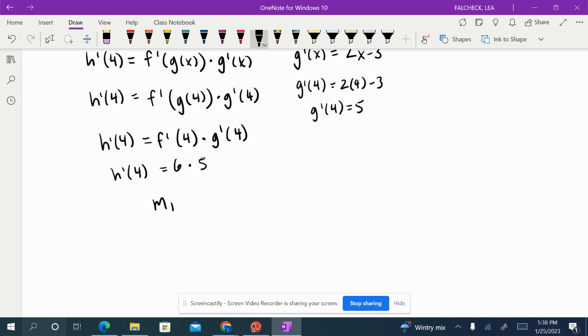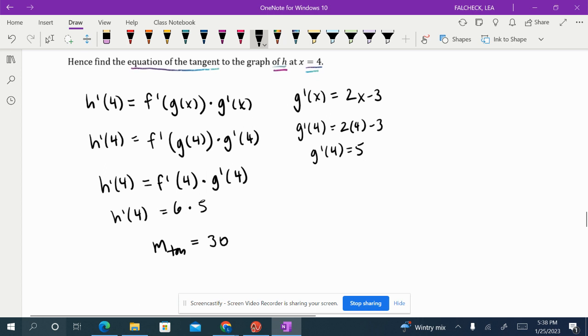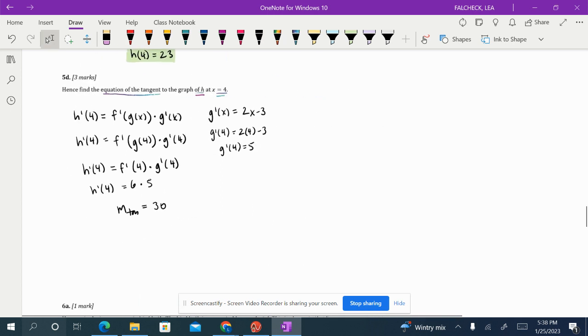So that's going to be the slope of our tangent line, which is 30. And if we want the equation of the tangent, we have the slope, and now we need a point. Let me just scooch this over.